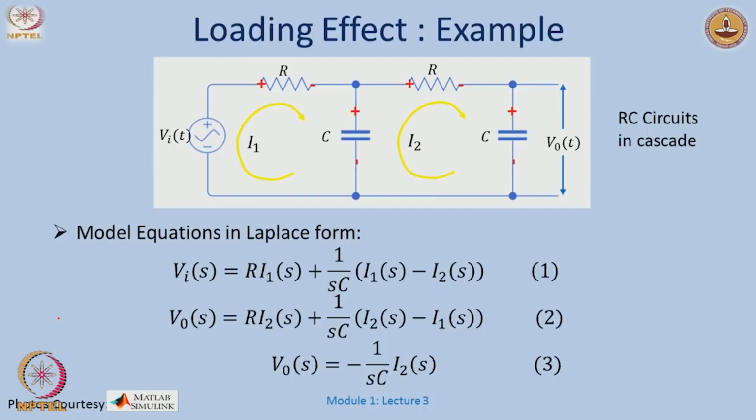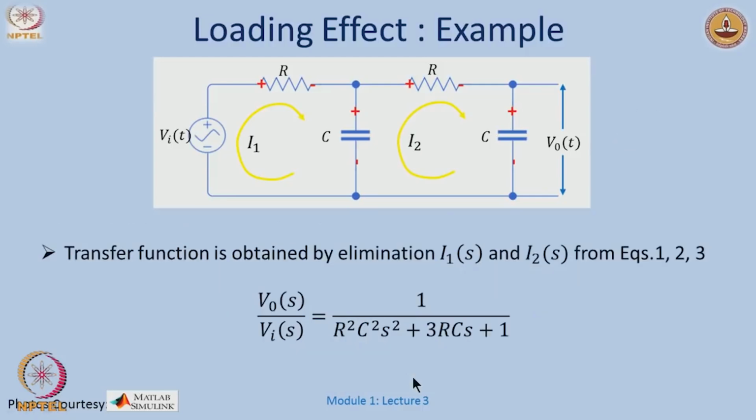I just write down the individual equations with a KVL here, a KVL here, and then compute V output by V input. The first loop says V I of S is R I 1 plus 1 over S C times I 1 minus I 2. Similarly, I could write down the expression for V O, and V O explicitly written down is in this form.